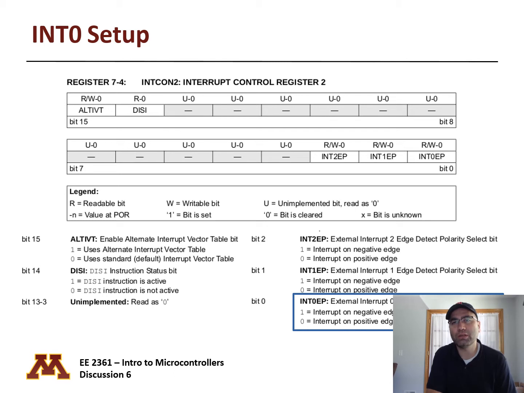If you want to detect the rising edge, you set this int0 EP bit to 0, or if you want to detect the falling edge, you set this bit to 1. It looks like you cannot detect both at the same time, right? You have to choose one or the other.